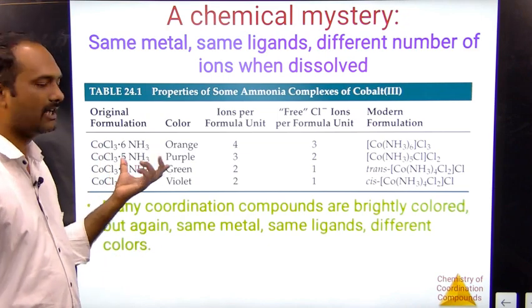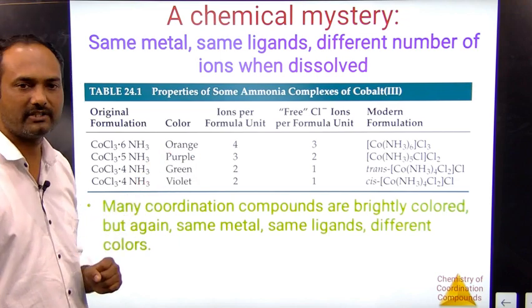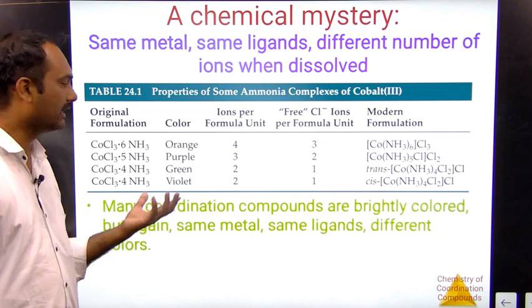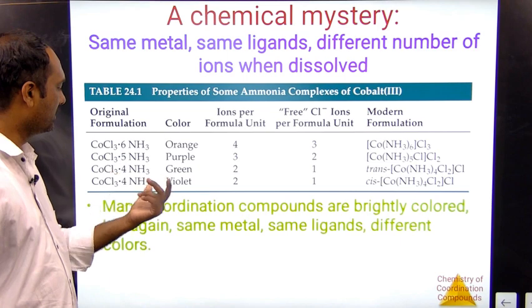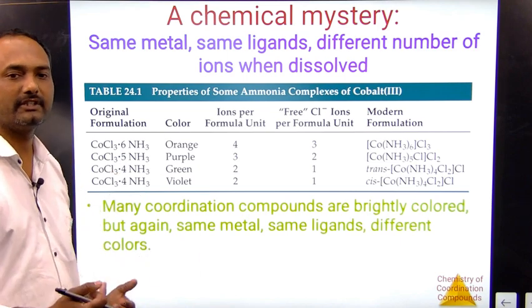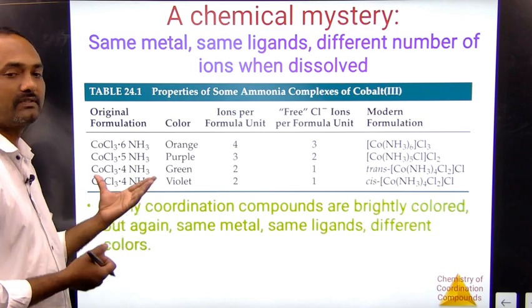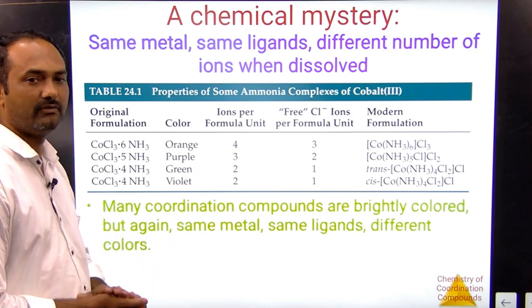The complex which has 6 amine ligands will be orange in color, the one which has 5 NH3 ligands will be purple in color, and the complex which has 4 NH3 groups will be green in color, but it will be the trans form. Its cis form, which has 4 NH3 ligands, will be violet in color.